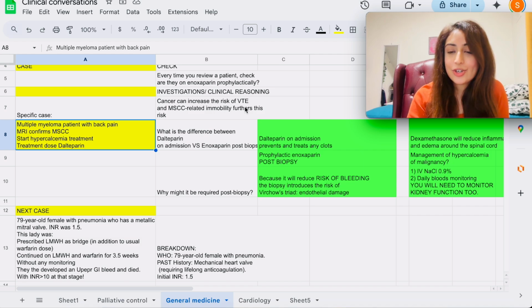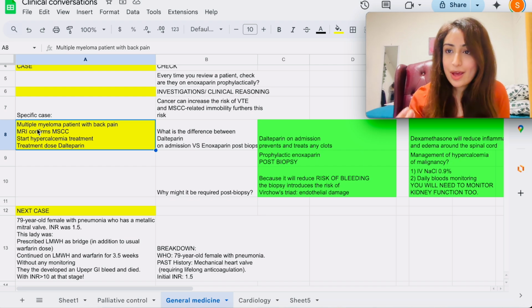That immobilization increases their risk of getting a clot. That's the first point. A patient who's had a cancer and also MSCC, now they're immobilized, they are going to be more prone to a clot.